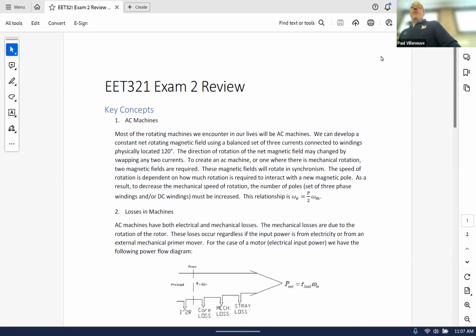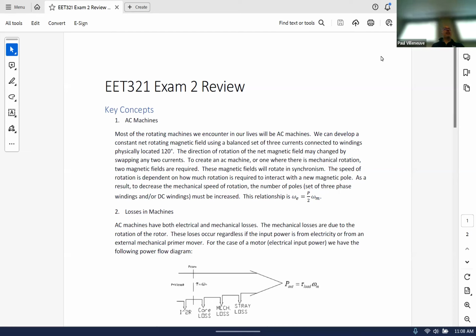So then we ended up expanding that to come up with this really simple relationship: the electrical speed is determined by, or I shouldn't say the electrical speed, because the electrical speed is the frequency. But we can get either the mechanical speed or the electrical speed just by multiplying the mechanical speed by the number of pole pairs.